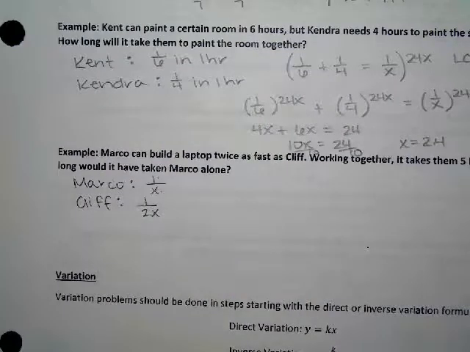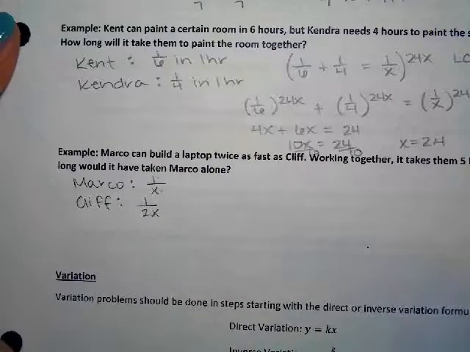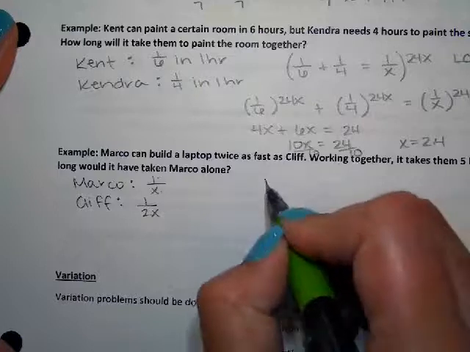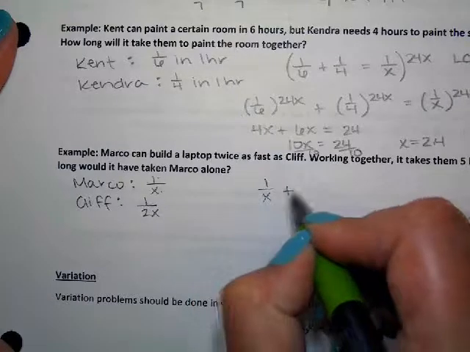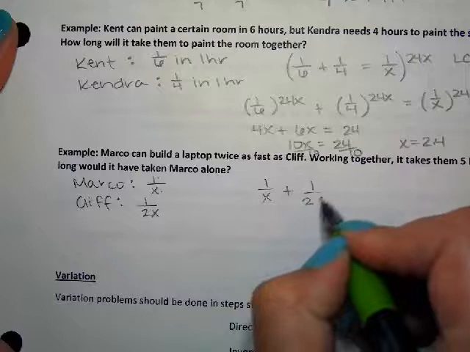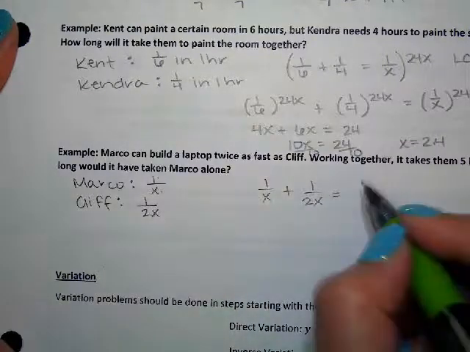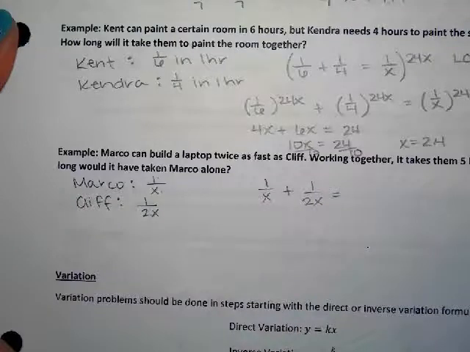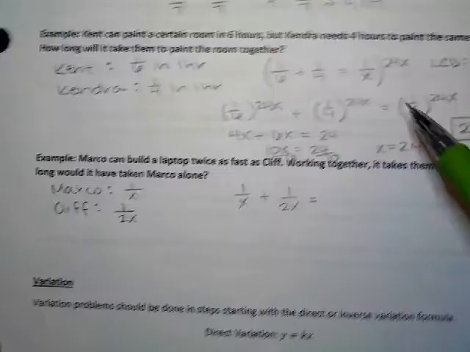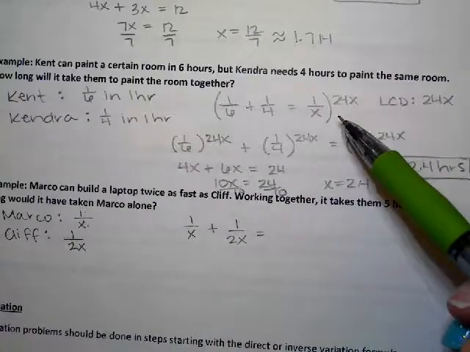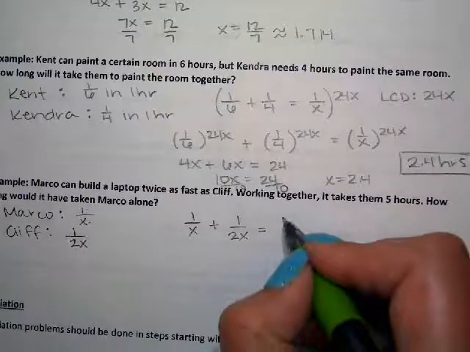All right, so let's go ahead and start writing it. So we would say 1 over x for Marco plus 1 over 2x for Cliff equals, and then what should it be equaling? Just 5? 5x? Think about the rest of them. 1 over 5.